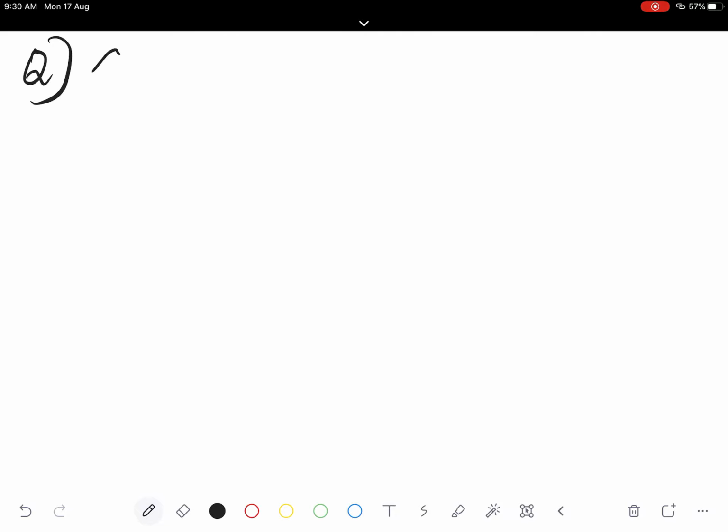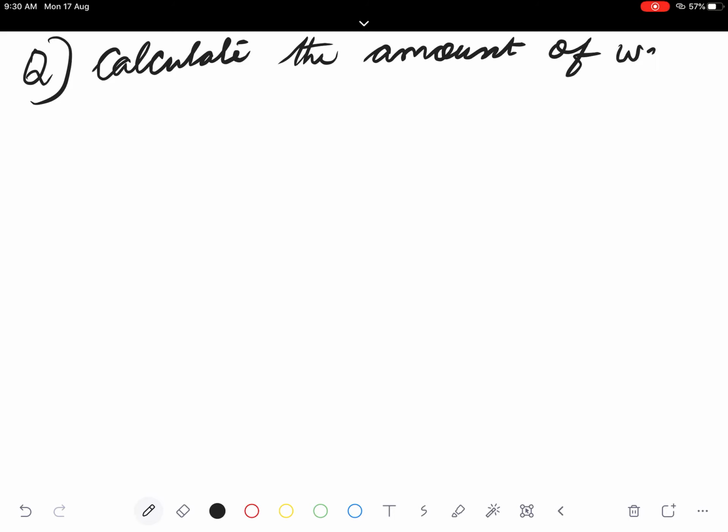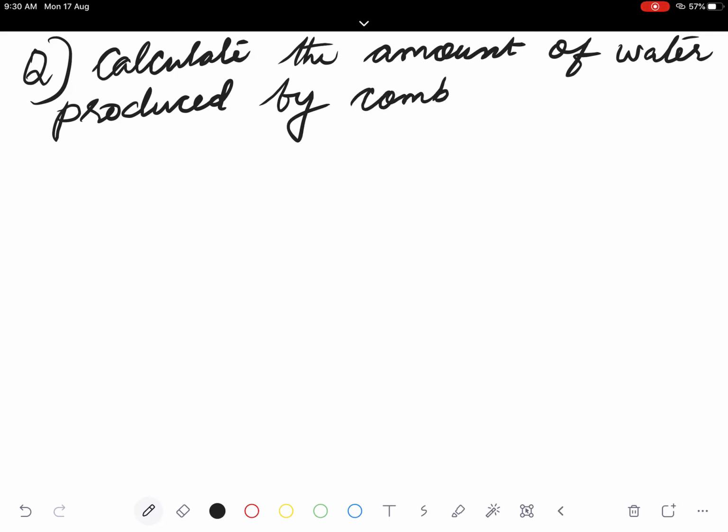Question: calculate the amount of water produced by combustion of 16 gram of methane.